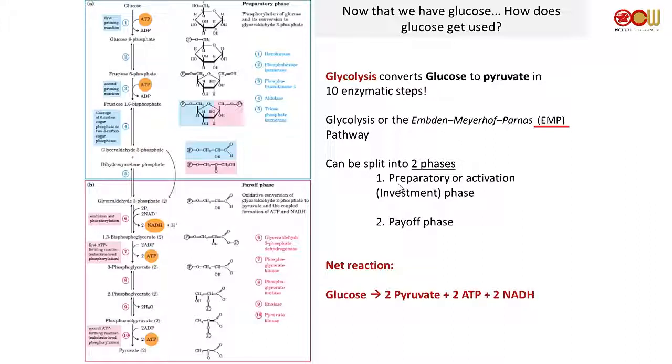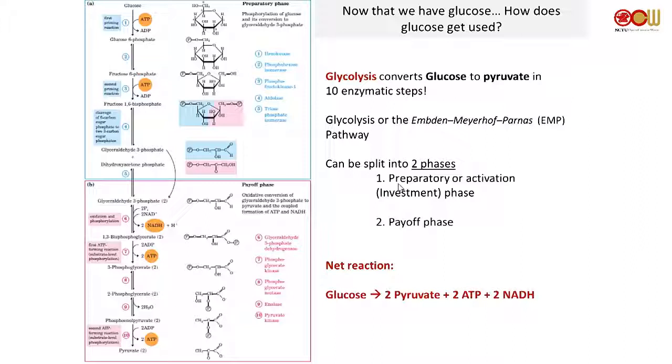Just for your information, there is more than one type of glycolysis, but primarily we're only going to focus on the EMP pathway, because this is the pathway that human cells use. In bacteria or in a lot of archaea, they have other types of glycolysis. They look similar, but with a few differences here and there.